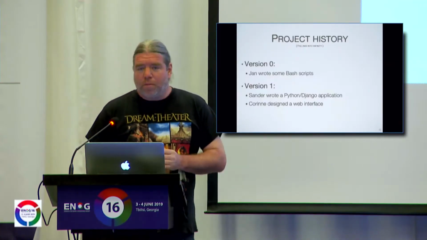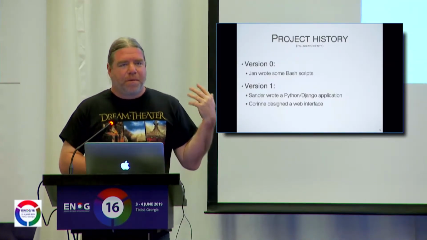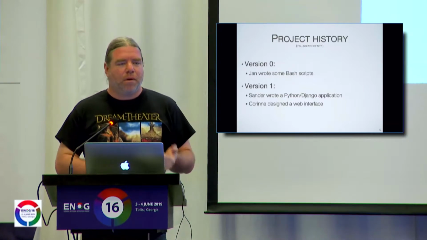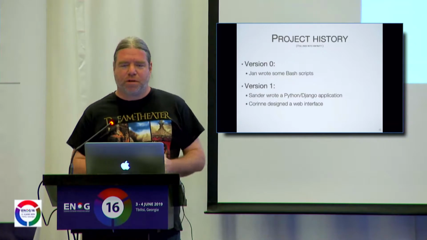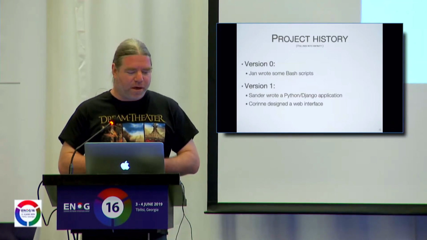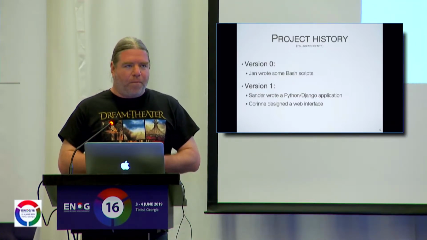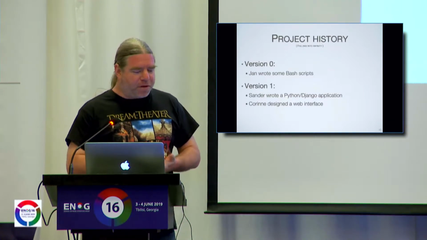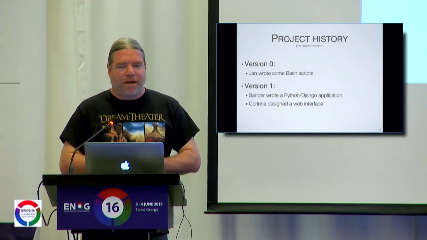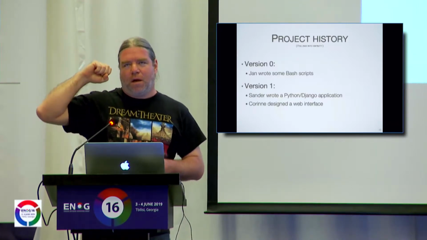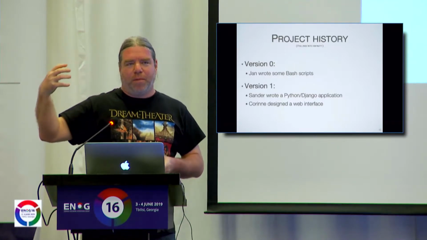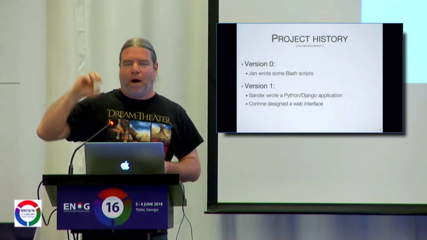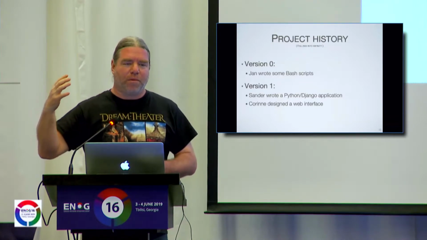Okay, because of all these things, we decided to create an online tool. It is free of charge. You can use it. You will see the link later. Version 0 was basically some bash scripts, because my thinking was, how can I enable people to test how their content is seen from the internet?